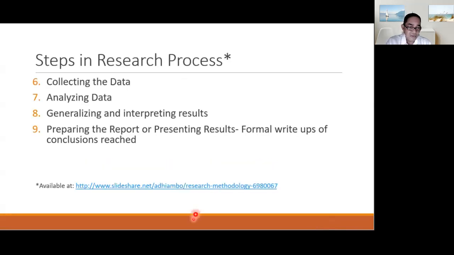Well, we want to collect data. If you are talking of a proposal, when you will now start implementing your paper, you will start collecting data up to step 9.